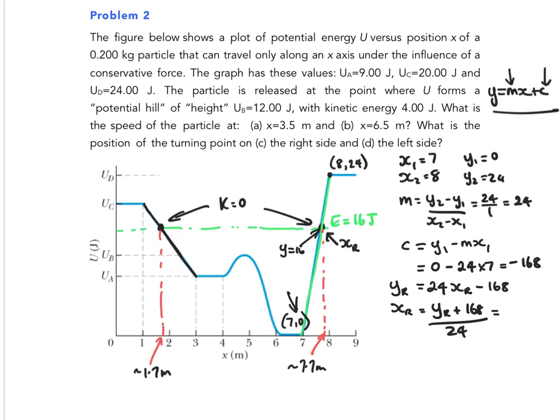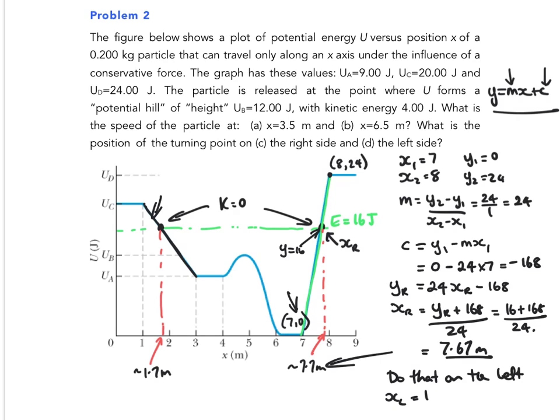So that's going to be 16 plus 168 divided by 24, and that comes out to be 7.67 meters. That's very similar to what we guessed. So just do the same process again on the left, finding the gradient of this line here, and you should get XL is 1.67 meters. So that works.